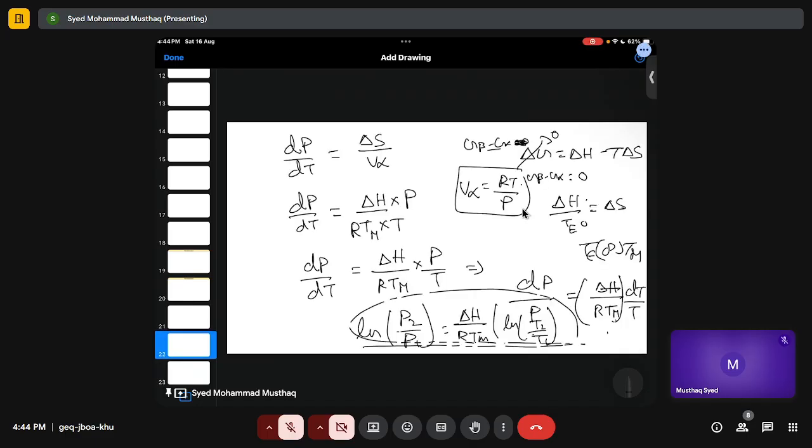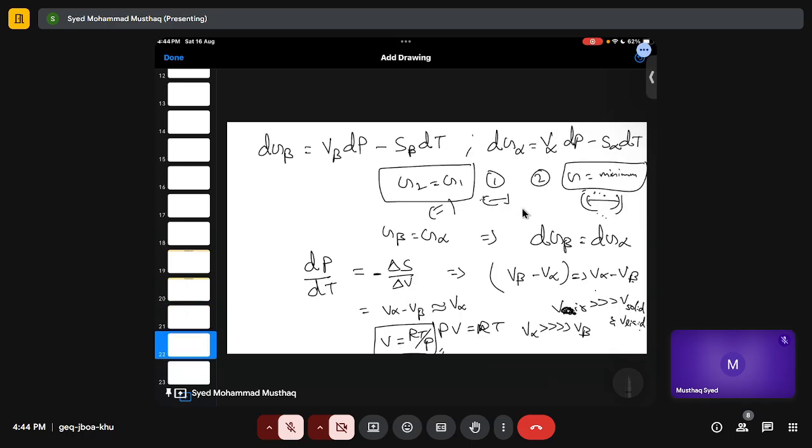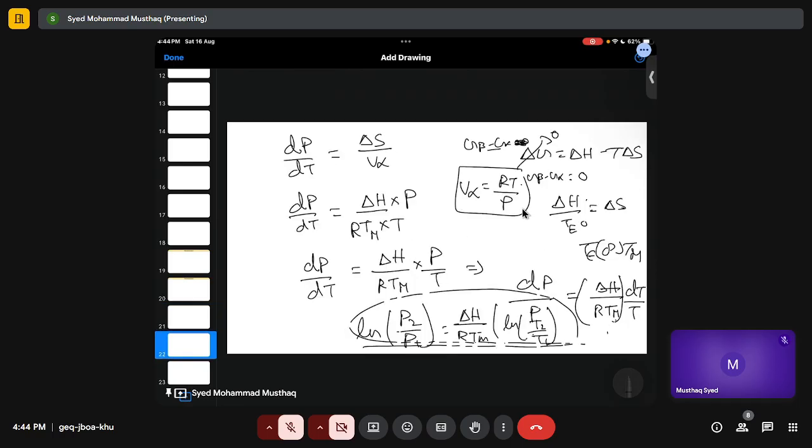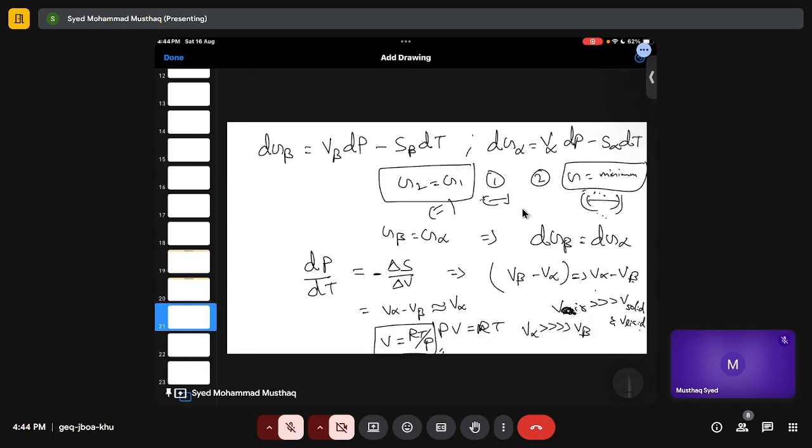Okay, so V beta dP versus beta dt. dP will be V beta minus V and plus beta plus S alpha dt.